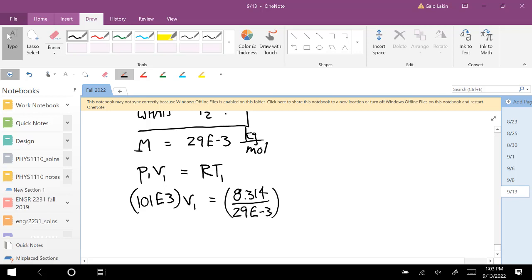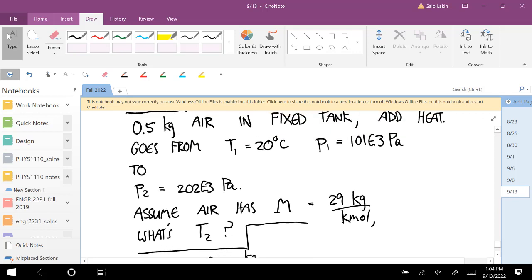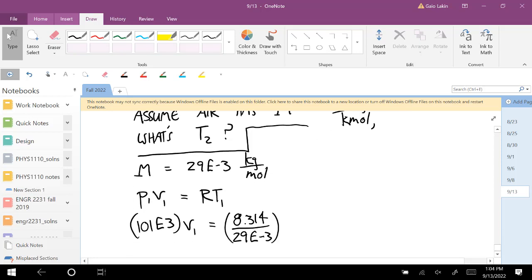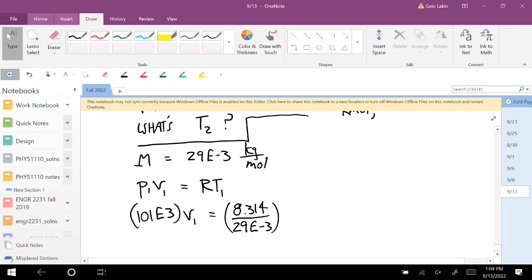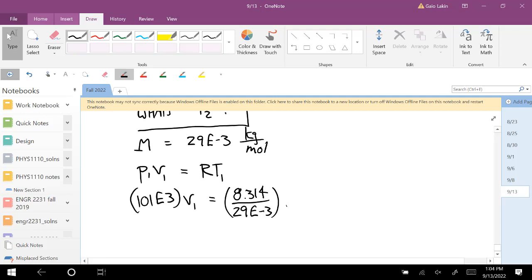So that's our specific gas constant, times the starting temperature of 20 degrees Celsius. So to use the ideal gas law, we need the temperature in Kelvin. So 273 plus our starting temperature of 20 Celsius is 293.